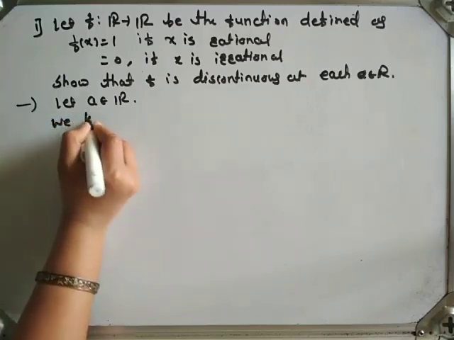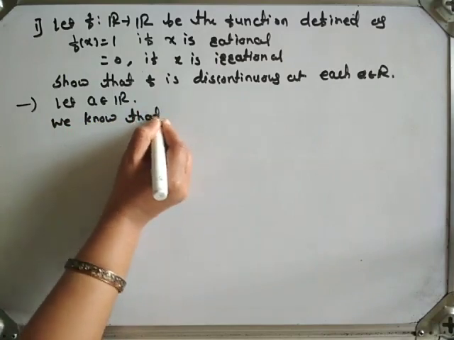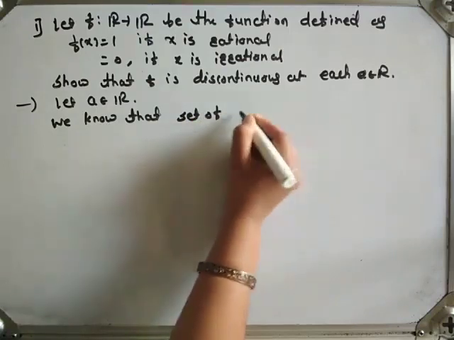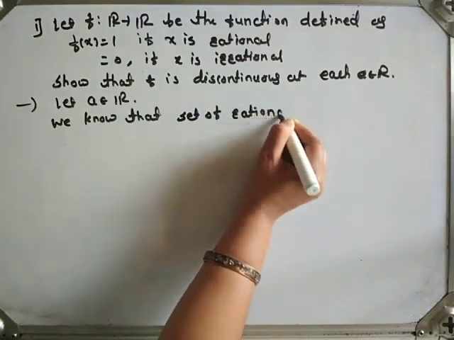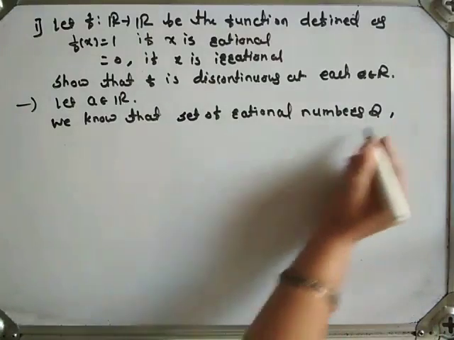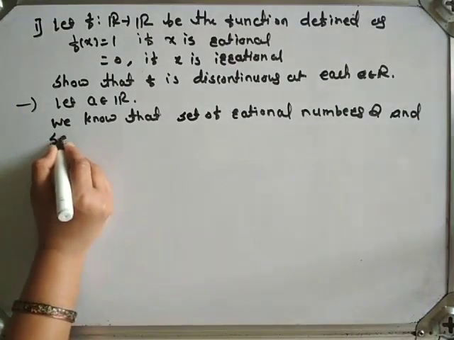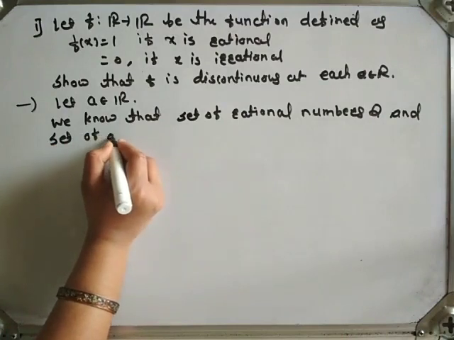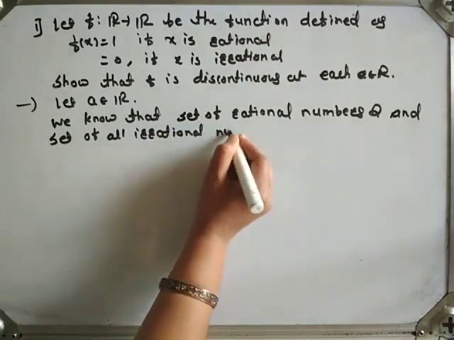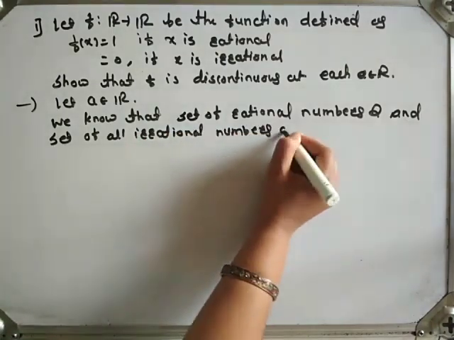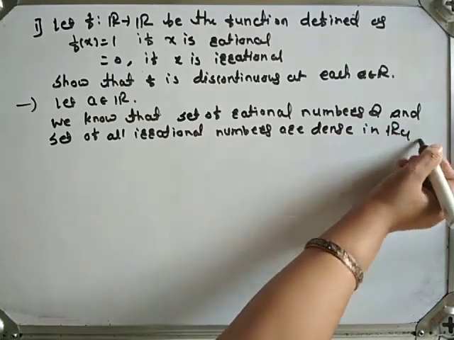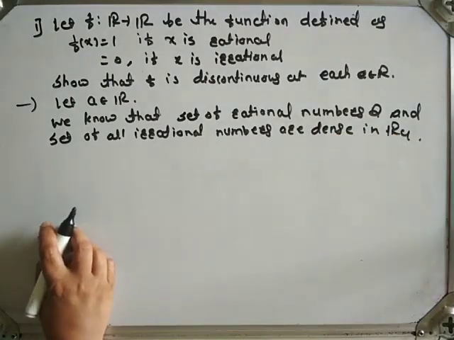We know that the set of rational numbers Q and the set of all irrational numbers are dense in R. We have already seen the definition of a dense set.